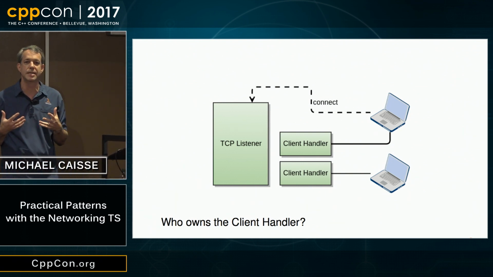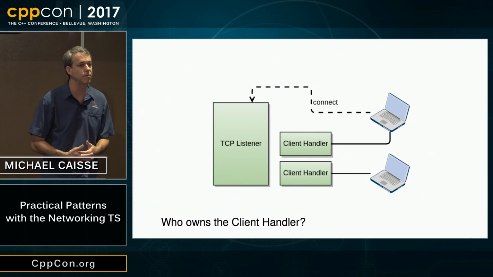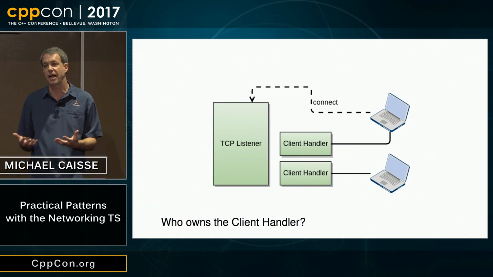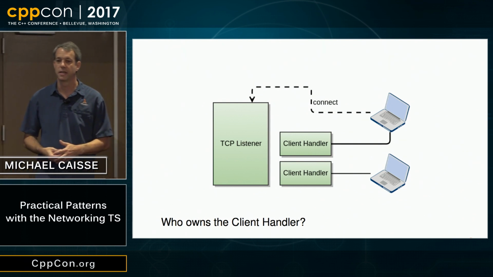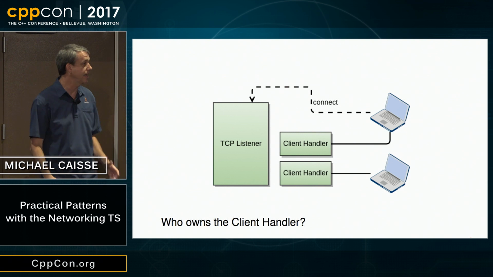So now we need a mechanism to make sure that the client handler owns itself. What keeps that client handler alive? Well, it stays alive as long as it has work to do, right? As long as it has something to read or something to write, it might as well hang out still.